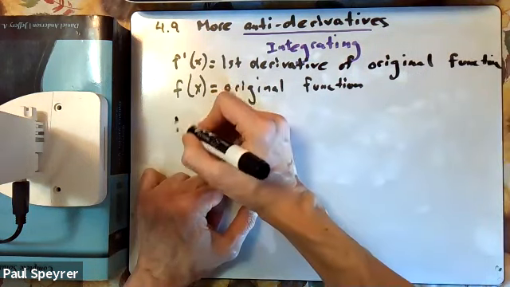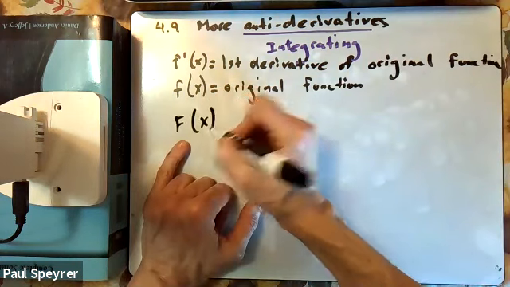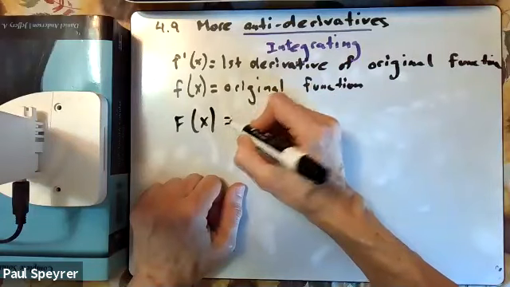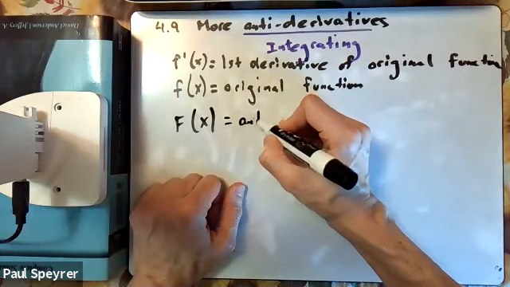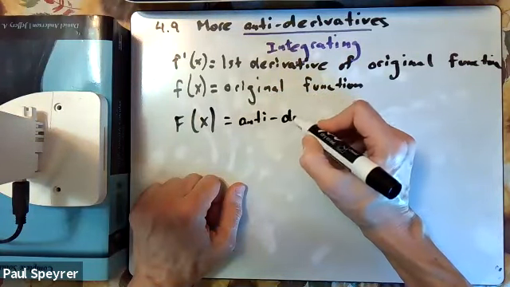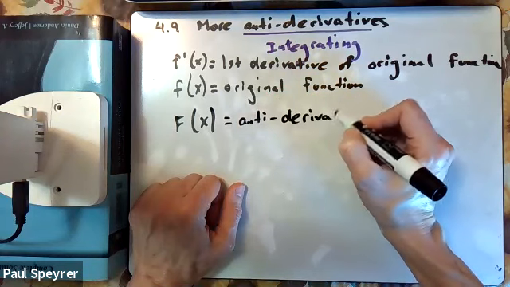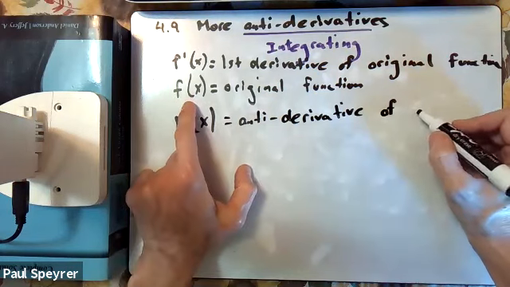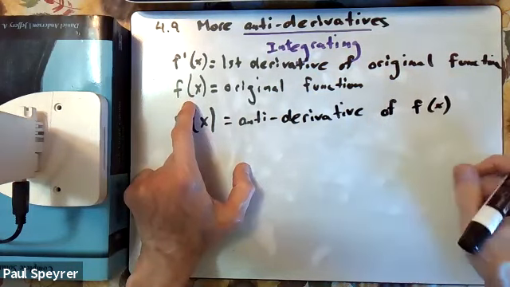And then if you saw like big F of x or big G of x or big whatever letter of x, that means the antiderivative of your original function, f of x in this case.